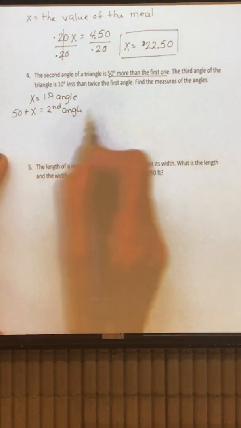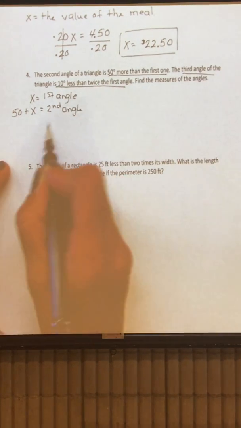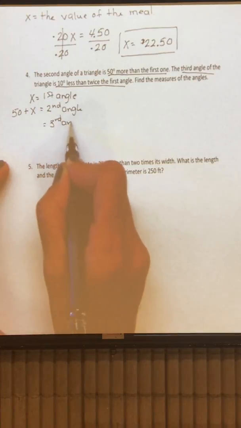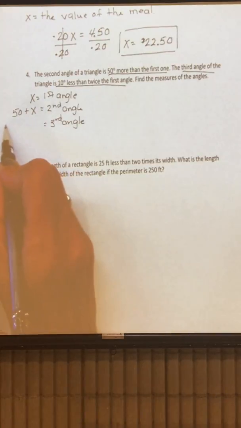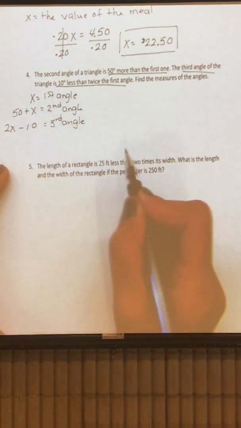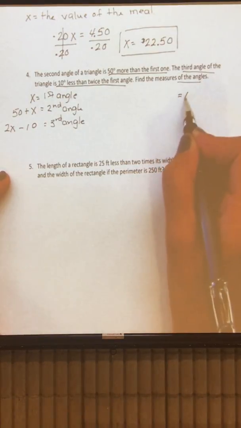And the third angle is 10 less than twice the first. Therefore, the third angle is equal to 2x minus 10. The total measurements of the angles is equal to 180 degrees.